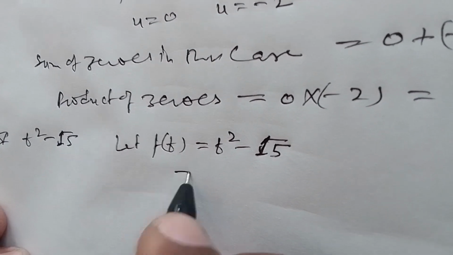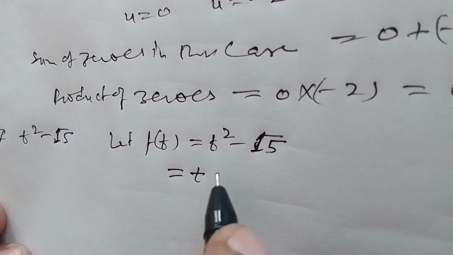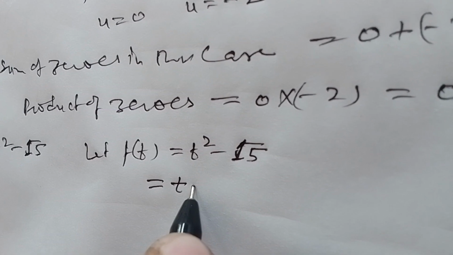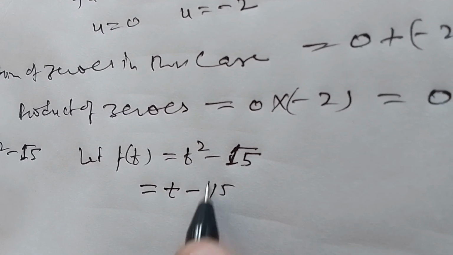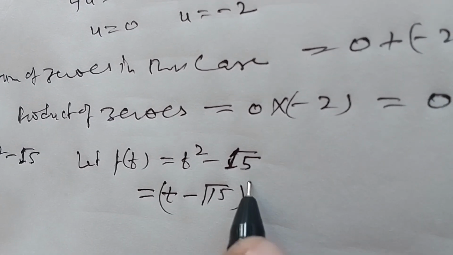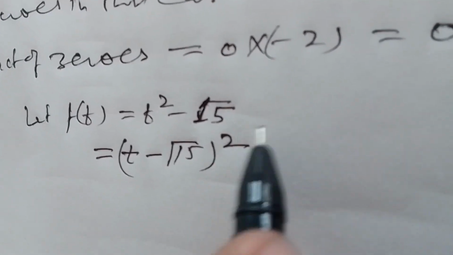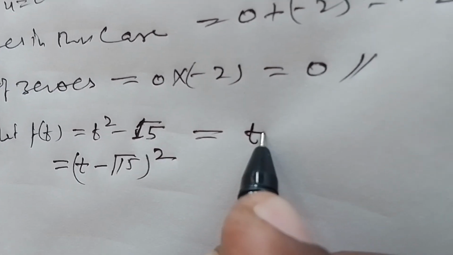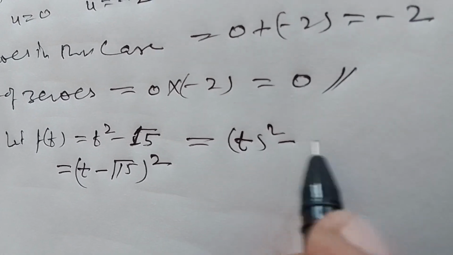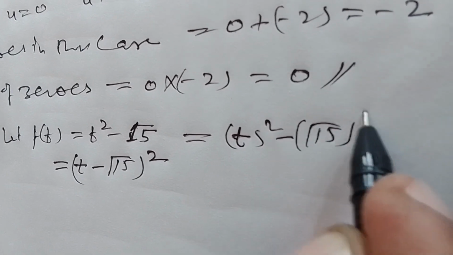So it can be written as t square minus (root 15) square.